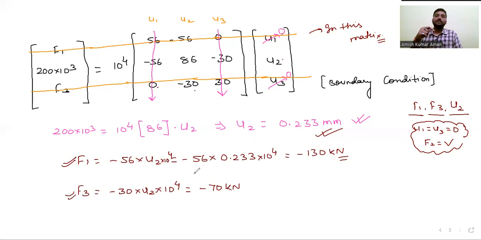Now they can ask indirect things, something dependent on these values, like stress value or strain value. If you want to calculate a stress, Young's modulus is given. So what do we need to find? If we find a strain, then we will be able to calculate stresses, because stress is nothing but strain into Young's modulus.